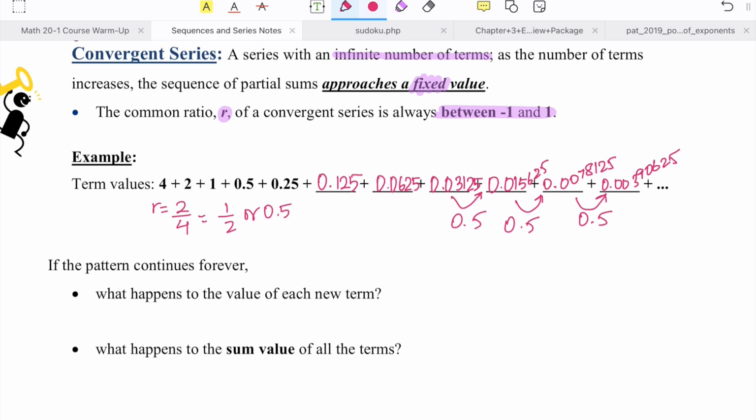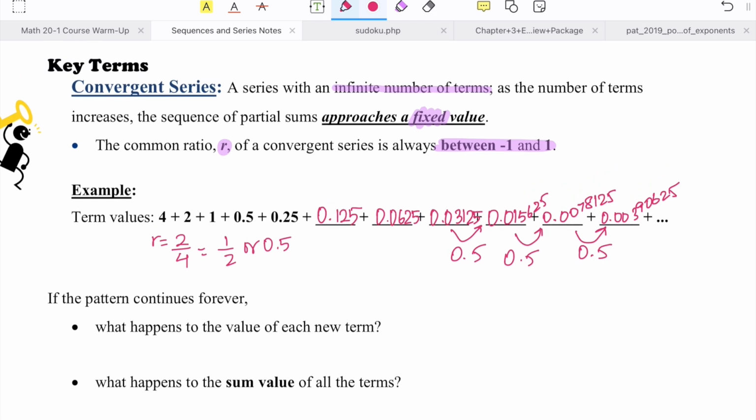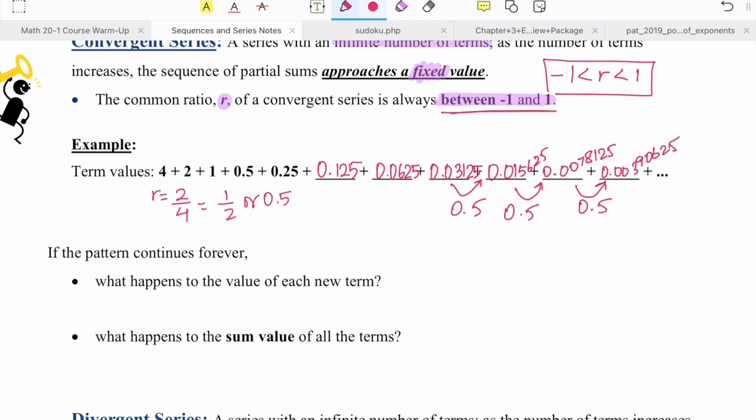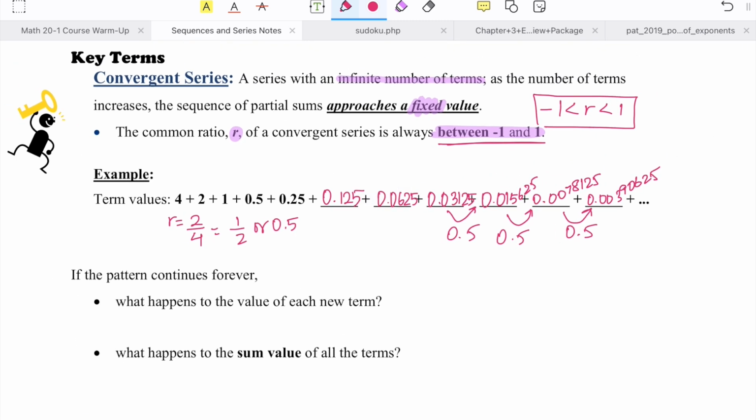Okay. So remember, convergent series are the ones where a fixed value is reached, and the ratio is between -1 and 1. So your ratio needs to be in this range. If the pattern continues forever, what happens?